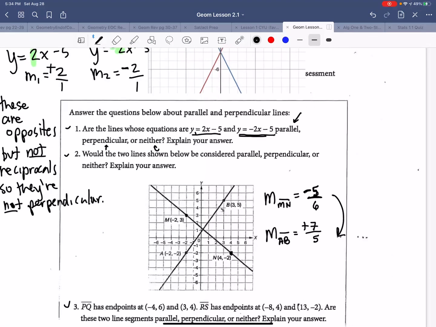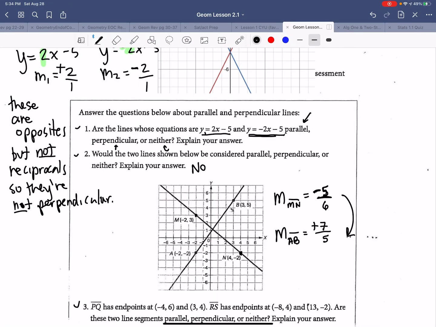So we're going to say no. They are neither, because their slopes are not opposite reciprocals. They're opposites, but they're not reciprocals.